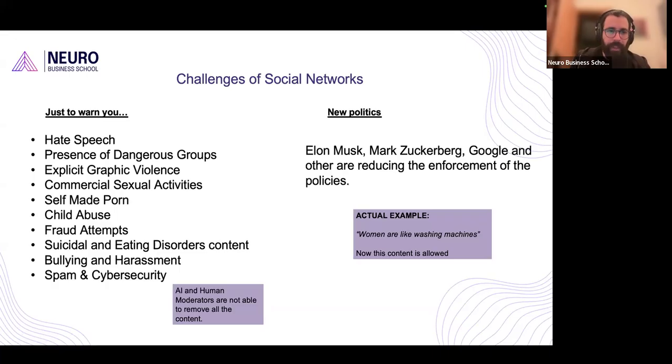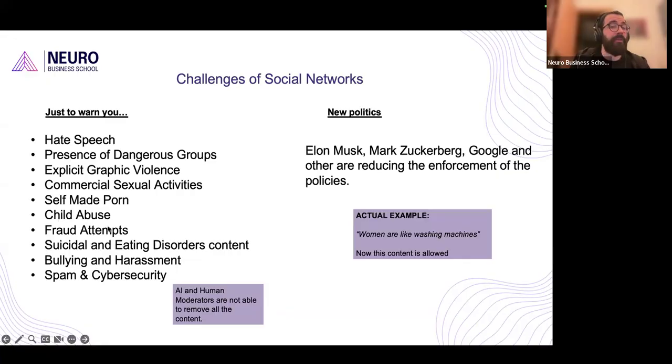There are a lot of dangerous groups. Explicit graphic violence, a lot of graphic violence. Commercial sexual activities, prostitution for example, or people who try to sell OnlyFans accounts. Self-made porn, a lot of porn, child abuse, a lot of child abuse.